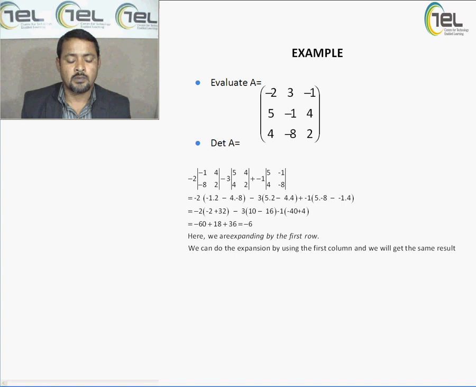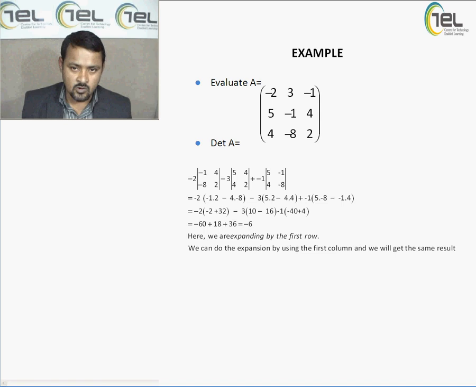So minus 60 the first one, because it is coming to be 30 into -2, then minus 3 into -6, that is plus 18, -1 into -36, that is plus 36. So we get the determinant value by adding all of the 3 together to be -6.